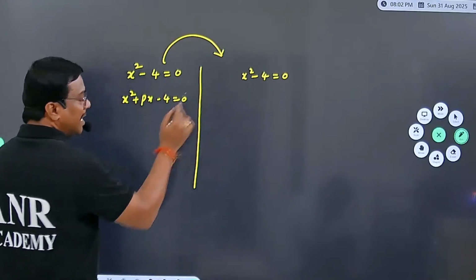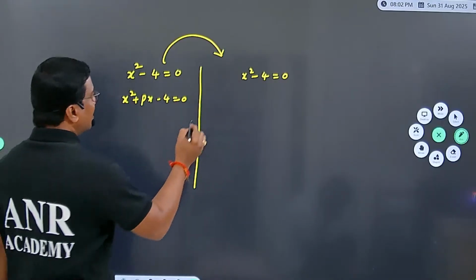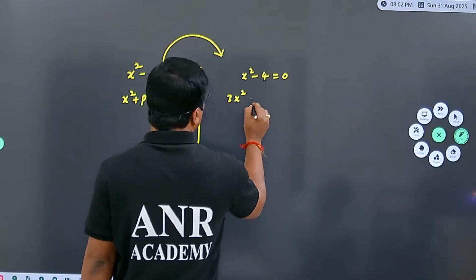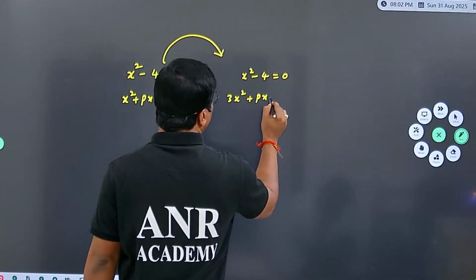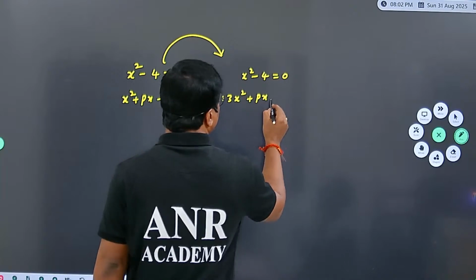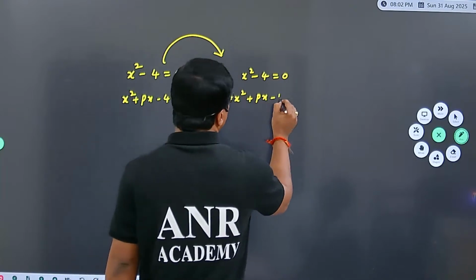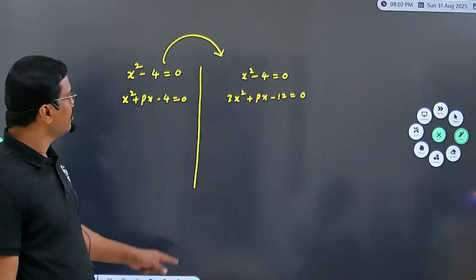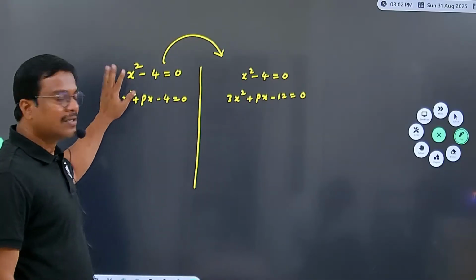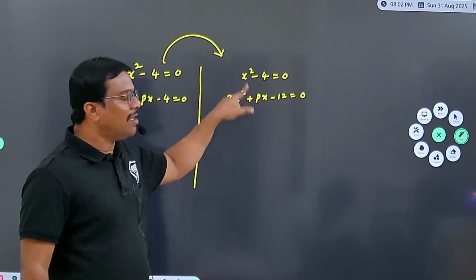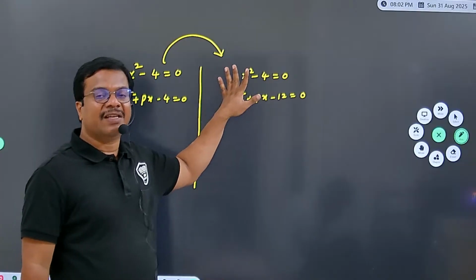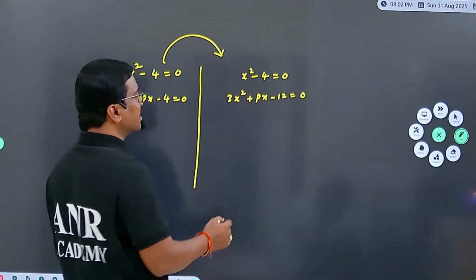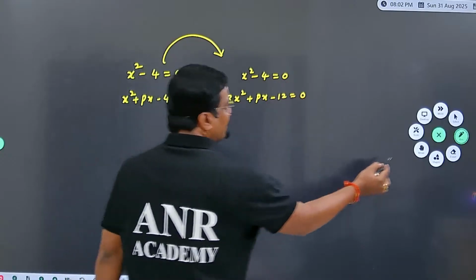Second equation, suppose you have 3 times x square plus p times x minus 12 equal to 0. Suppose these are the equations having common roots. In such cases, you may follow like this.